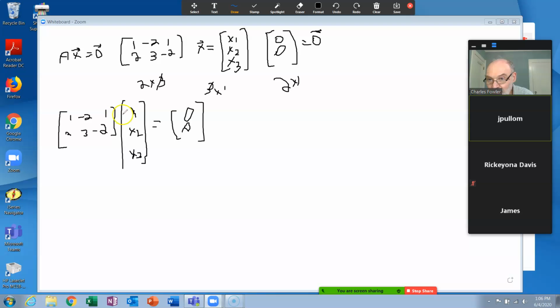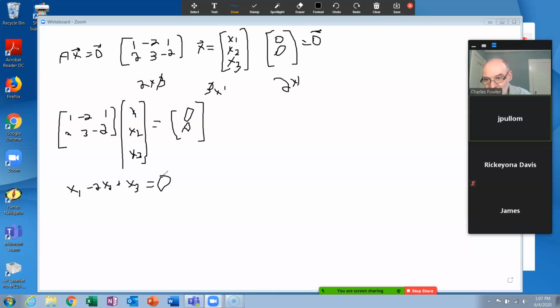So we'll take the first row by the first column, which is the only column here. 1 times x sub 1 is x sub 1, minus 2 times x sub 2, plus x sub 3, and that's equal to 0.